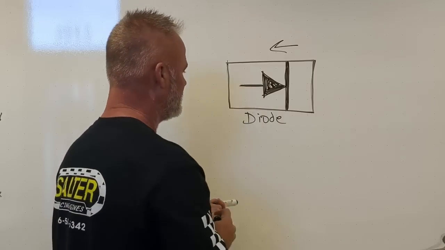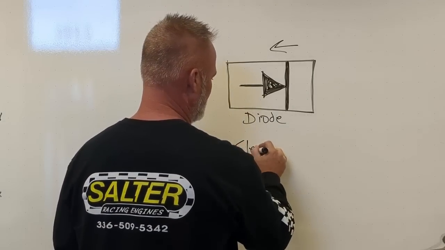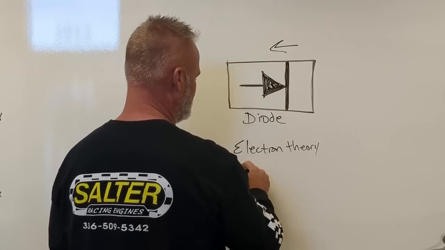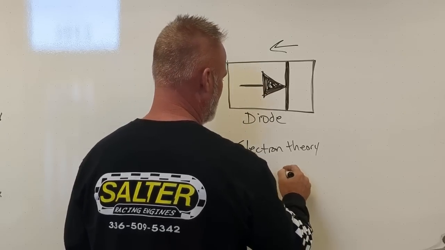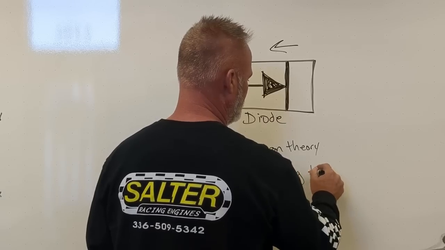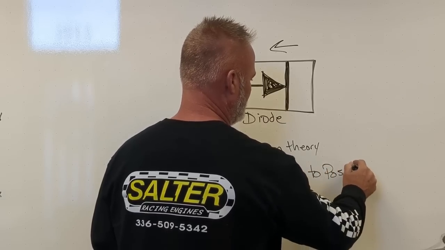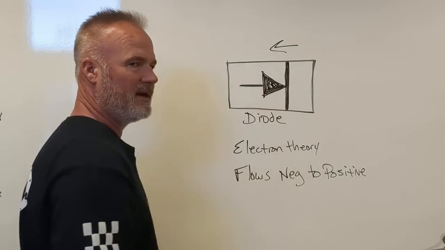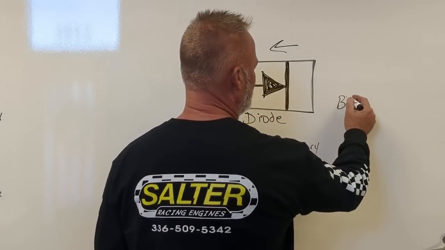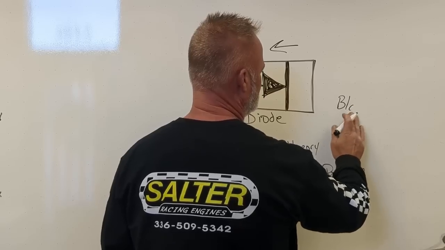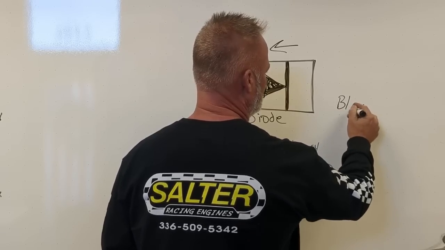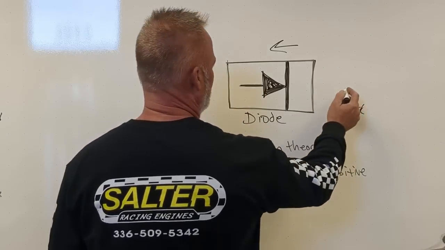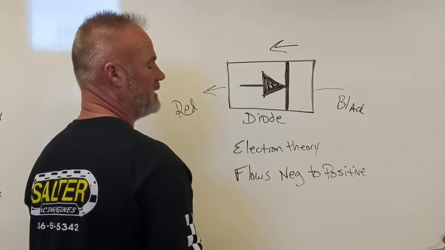Now, the electron theory says that current flows from negative to positive. If you take your multimeter, in order to test the diode, you have to put the black lead here and the red lead here, and you will get continuity through the diode.